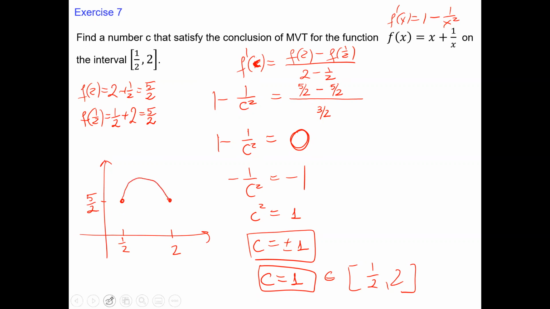Okay, because the tangent line at the point C, we've got 1. Derivative at 1 is 0, the same as the average rate of change. And the C value is this one. Yeah, that's the secant line. Okay, C is 1. We found the number C. Let's keep working.